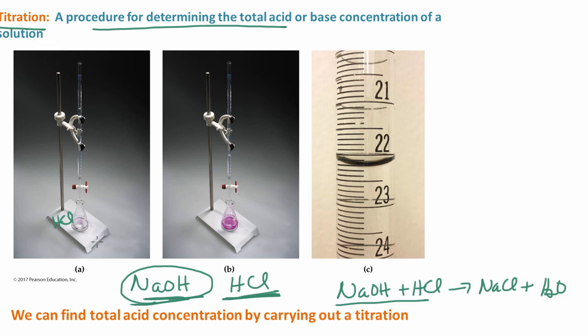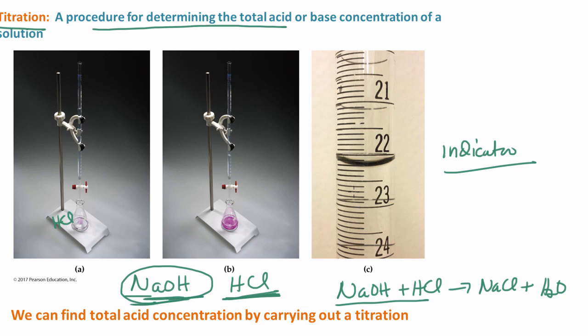How do you know that? We have to use something called an indicator. Indicators are also acids or bases, and they change color depending on the pH. In this case, we've added some phenolphthalein to the HCl, and phenolphthalein is colorless in acidic solution.